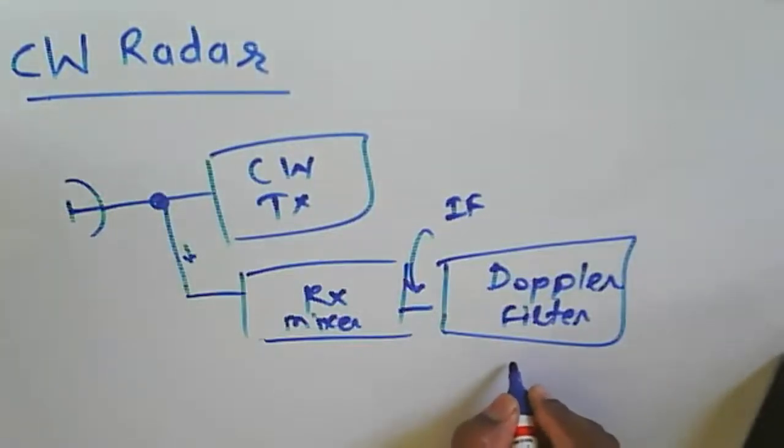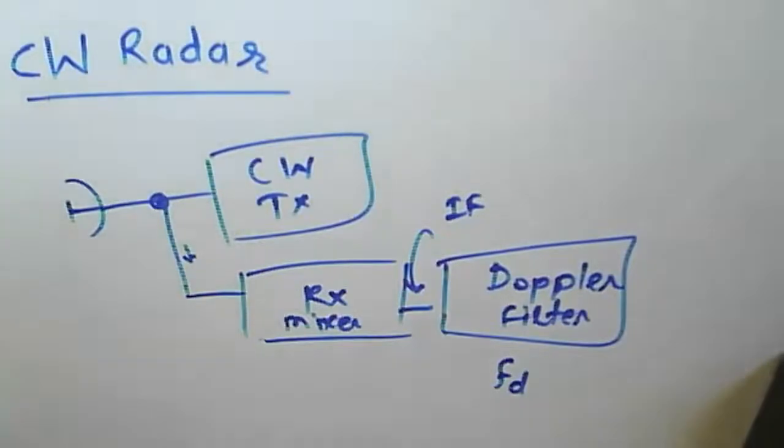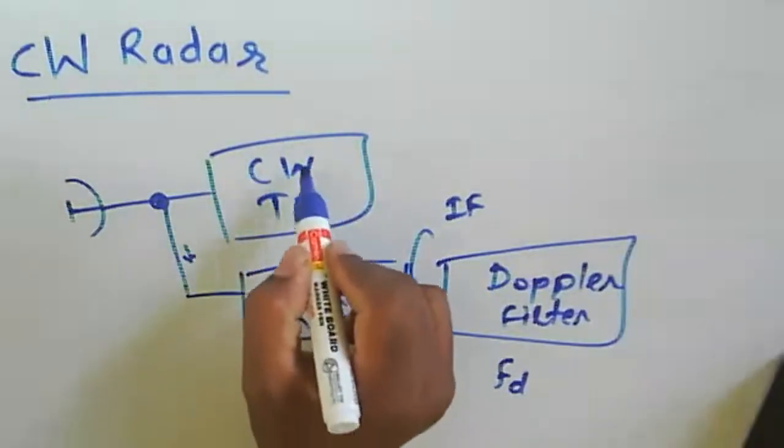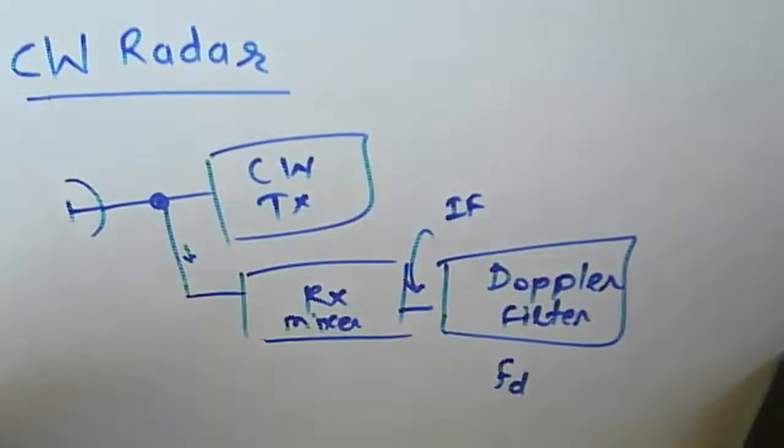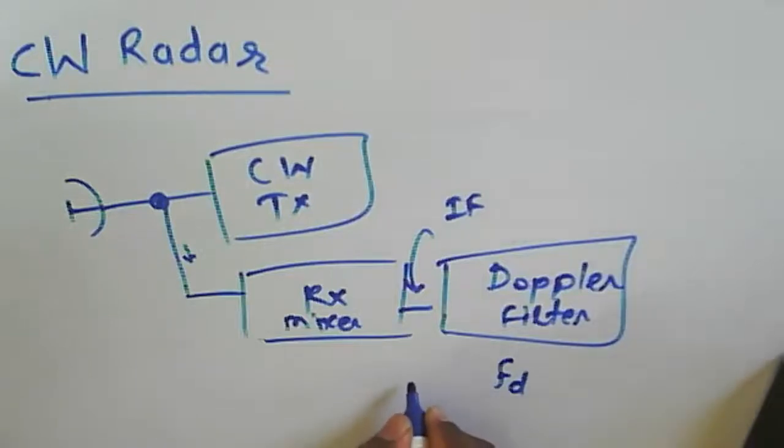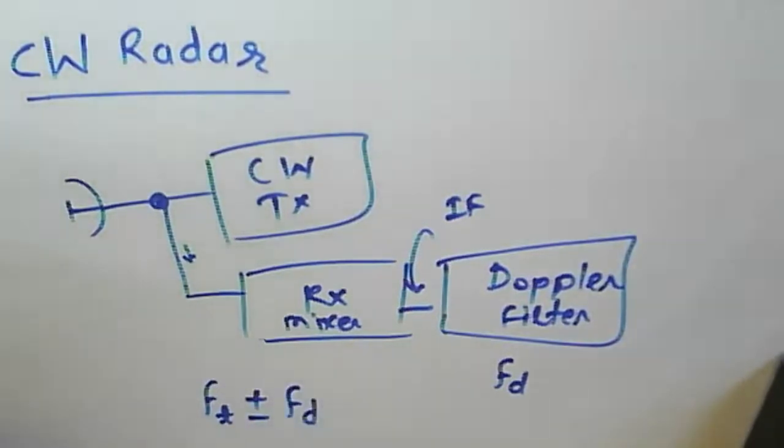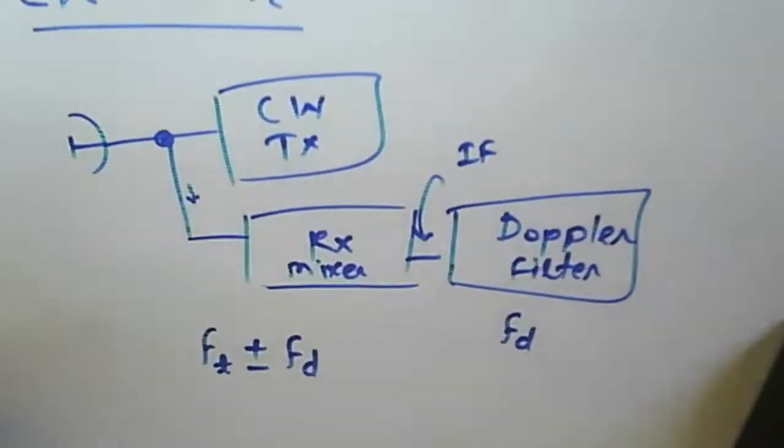Now the role of this Doppler filter is to identify what will be the shift in the frequency, meaning the carrier frequency signal, or the continuous signal transmitted from the transmitter. We have the transmitted frequency signal ft, and there will be a shift, plus or minus fd.